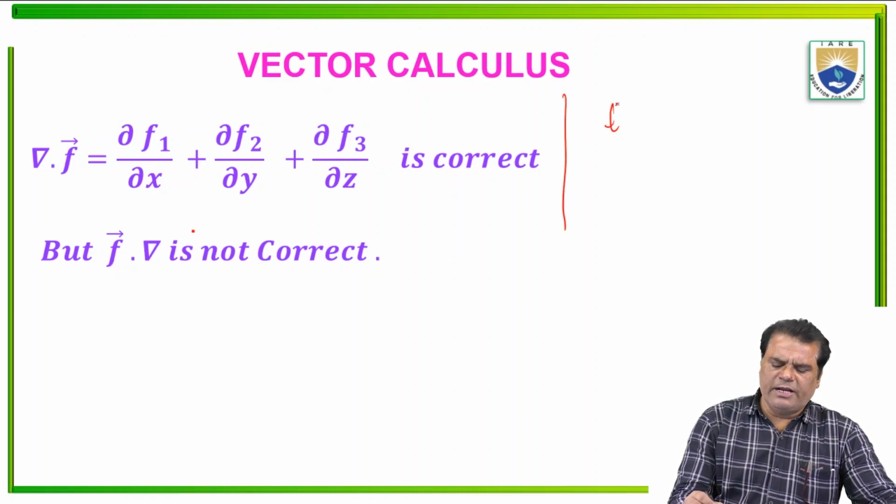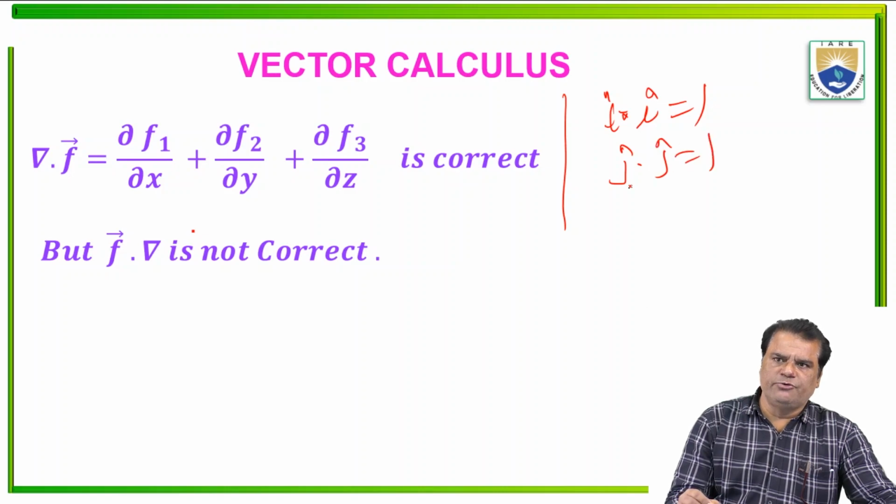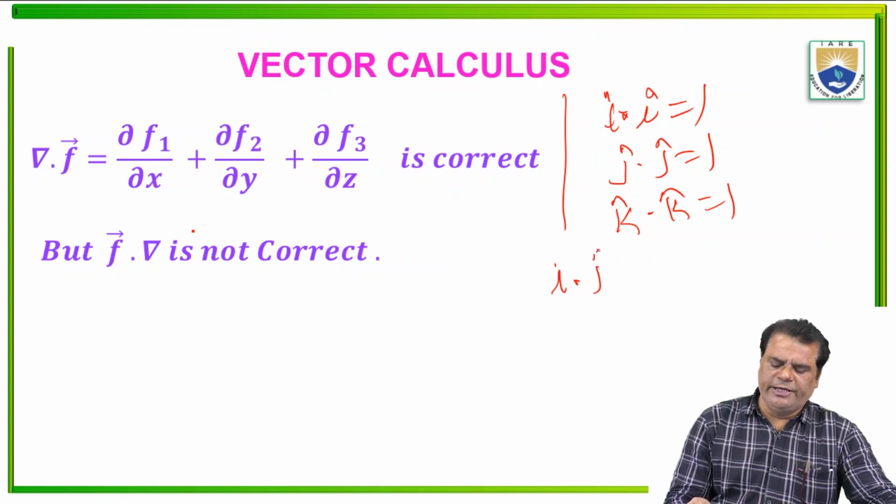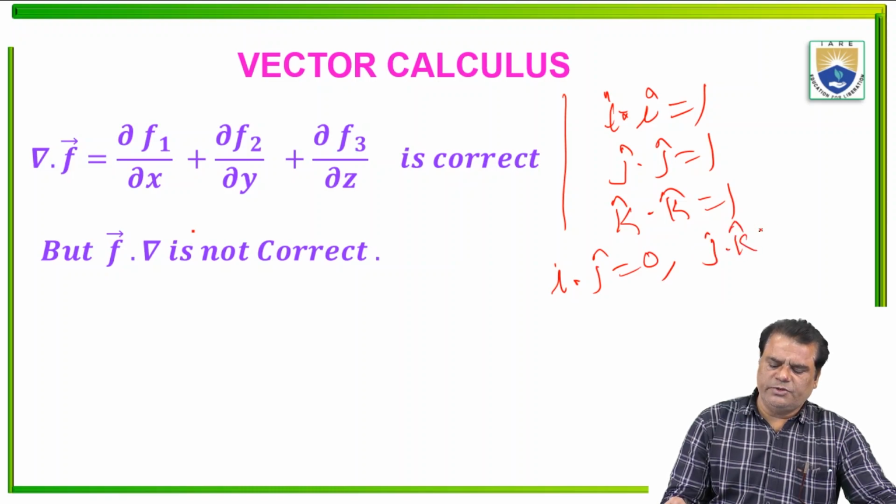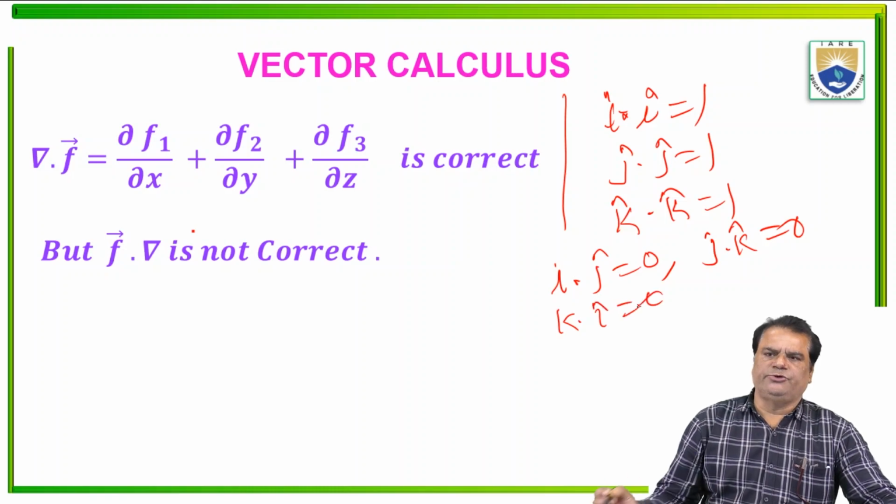Here we apply the formulas i dot i equals 1, j dot j equals 1, k dot k equals 1, and i dot j equals 0, j dot k equals 0, k dot i equals 0.